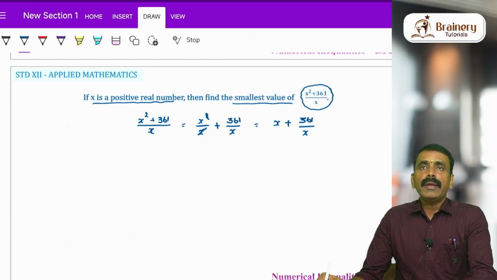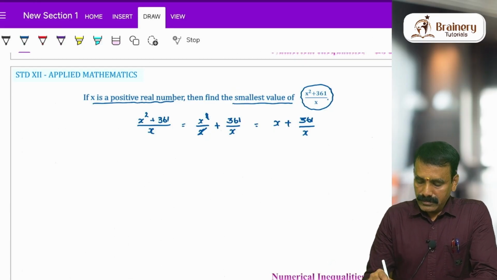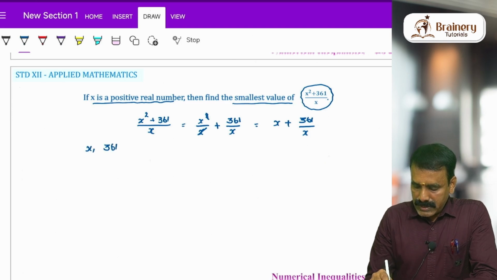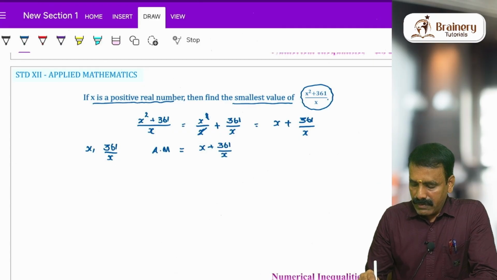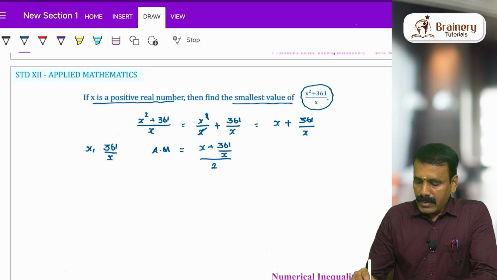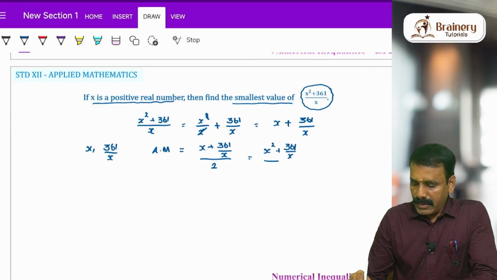Now I am going to apply the arithmetic mean and geometric mean for these two numbers. So we consider the two positive numbers x, 361 by x. What is the arithmetic mean of these two numbers? It will be the sum of these two numbers divided by 2. So it is (x plus 361 by x) divided by 2, which is nothing but (x square plus 361) divided by x, by 2.